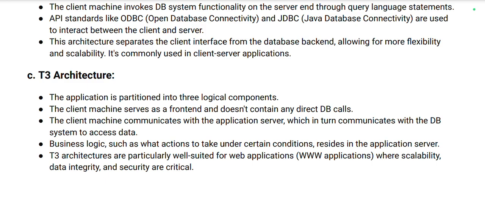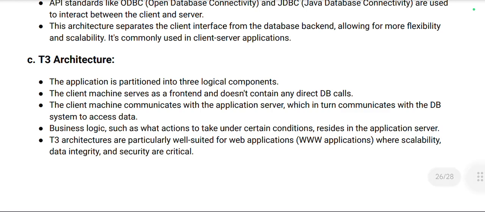This client machine will not directly access the database. First, the client will communicate with the application server, which in turn communicates with the DB system to access the database.